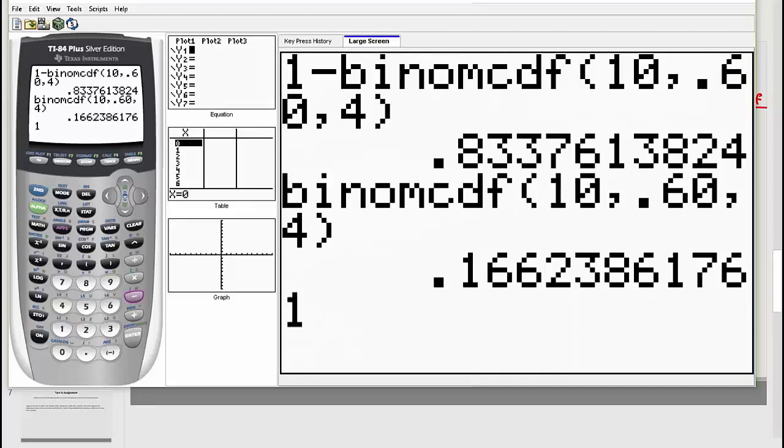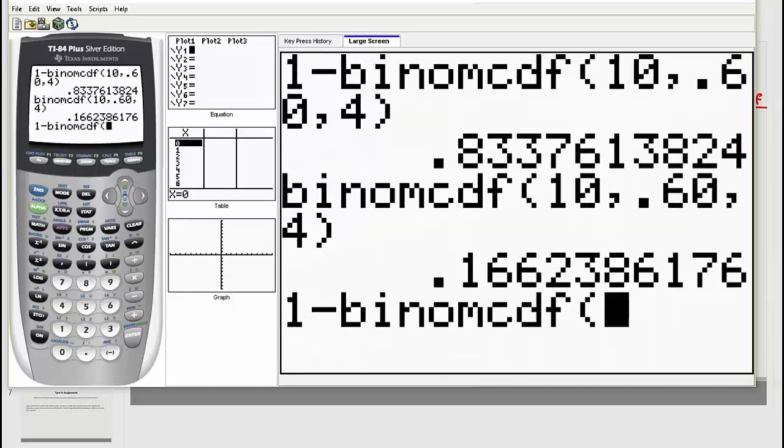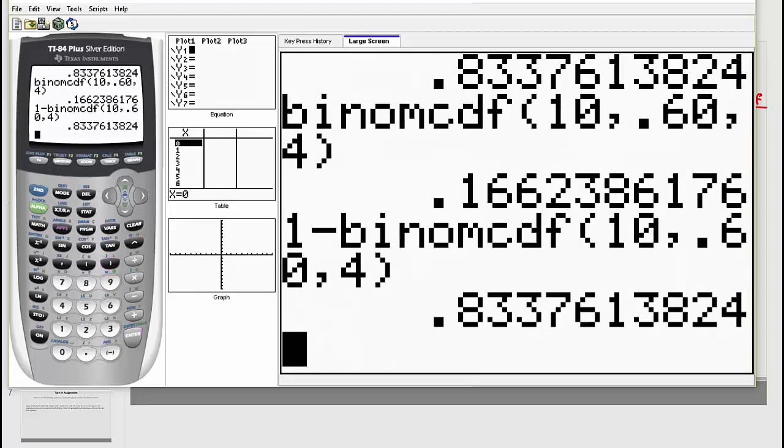We're going to subtract away, and then second vars. Binom CDF is what we're scrolling down to. N is 10. Comma, P is 0.60. Comma, X is 4. Not 40, but 4. All right, close parentheses, hit enter. And yes, the 0.834 as we saw from before.